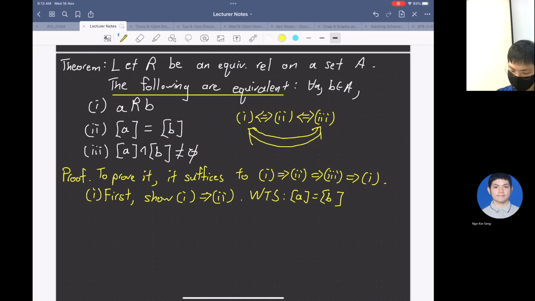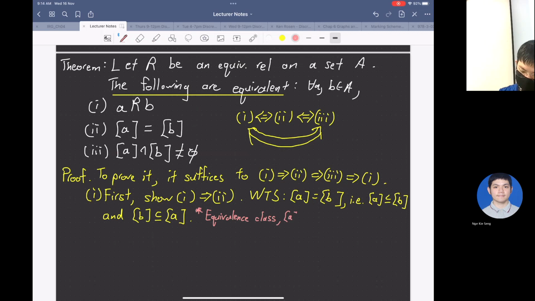So we want to show that A is a subset of B and B is a subset of A. Let me recall here: equivalent class A is equal to the set of B.